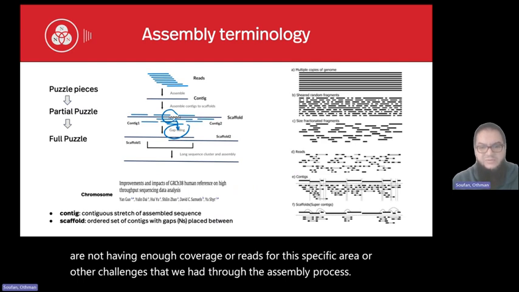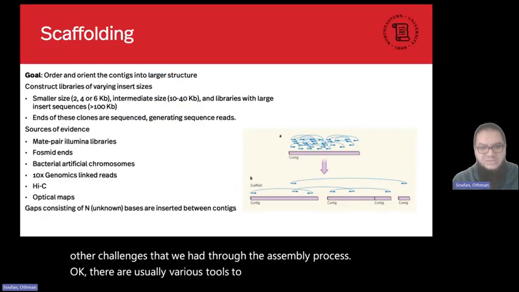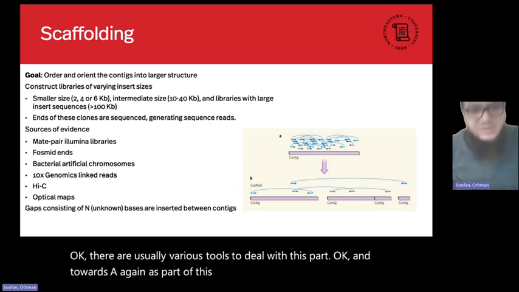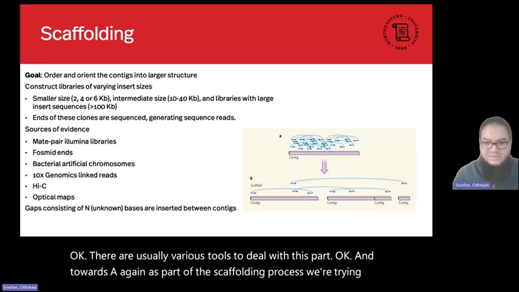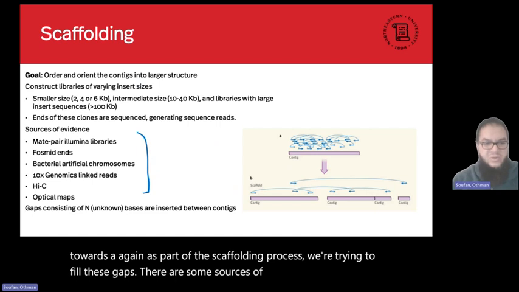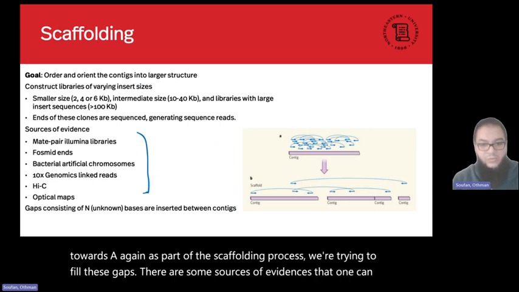There are usually various tools to deal with this part. Again, as part of the scaffolding process, we're trying to fill these gaps. There are some sources of evidence that one can go through.